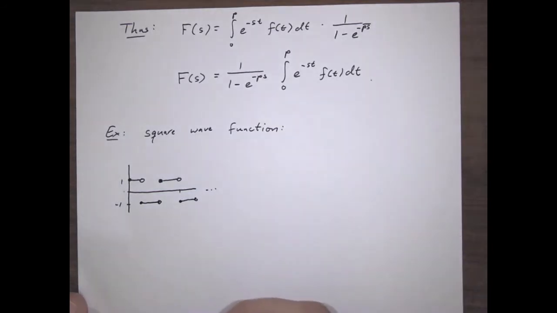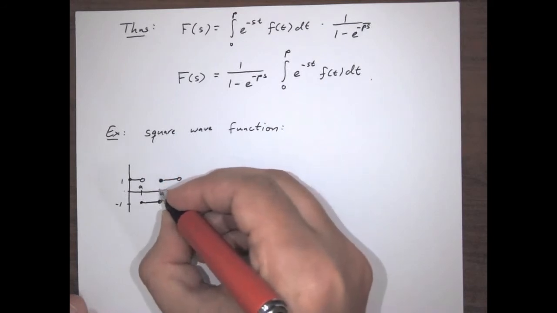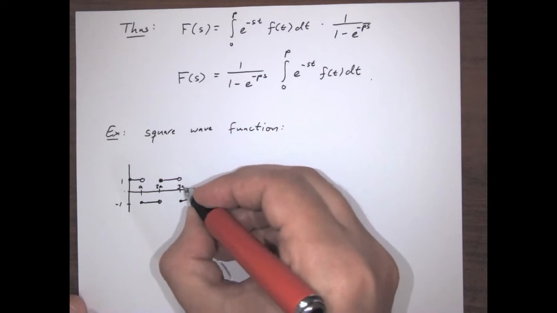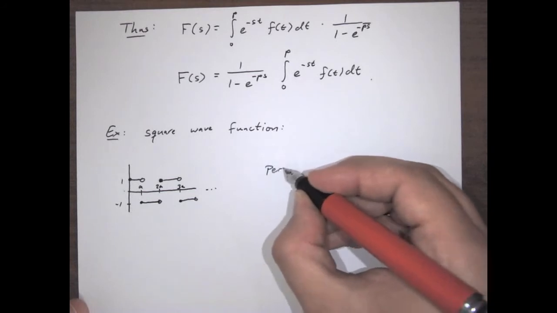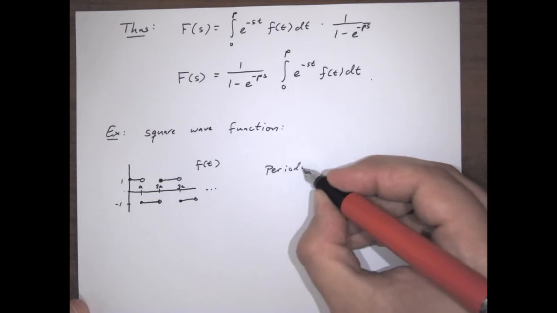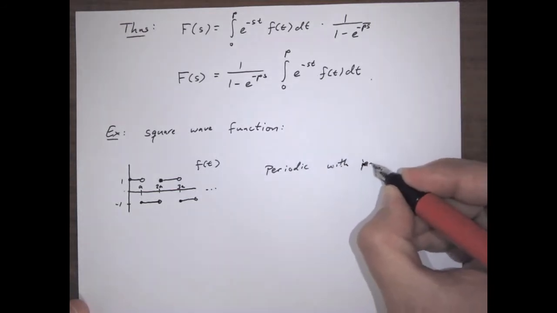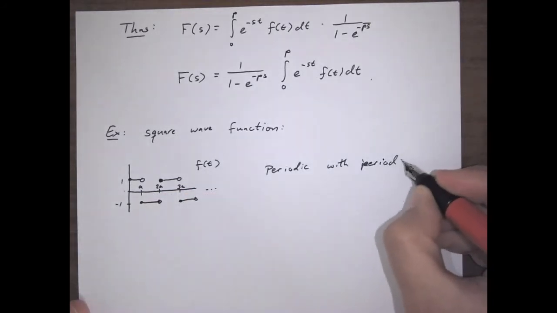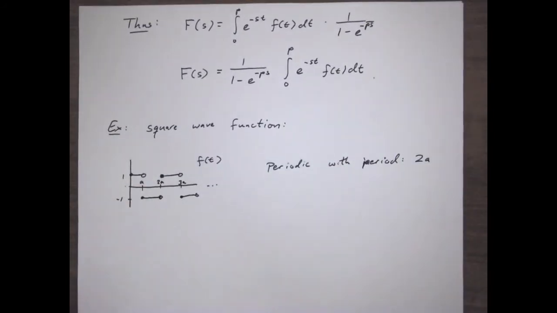Dot, dot, dot. And in particular, we'll say that these points are coming at a, 2a, 3a, and so on. So then this is periodic. Call this f of t. So this is periodic with period, at first you might say a, but actually 2a, because that's when it fully repeats its entire cycle.